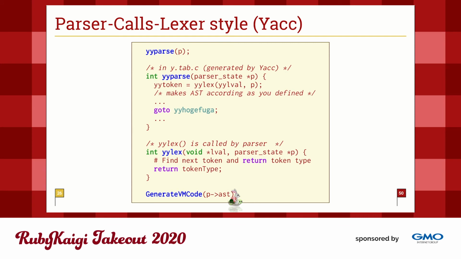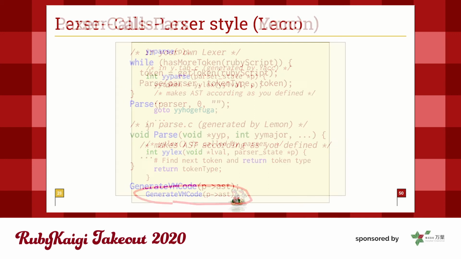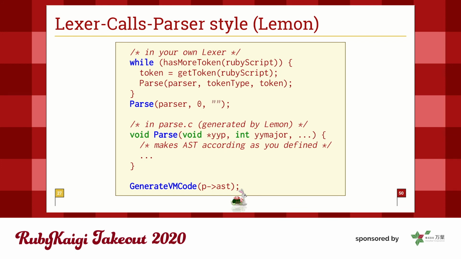And now you can generate the final VM code with the syntax tree which yyparse made. On the other hand, in the Lemon style, you make a loop to tokenize the Ruby script. After getting a token, you call the parse function, which is generated from parse.y by Lemon. Then you can generate VM code as well.